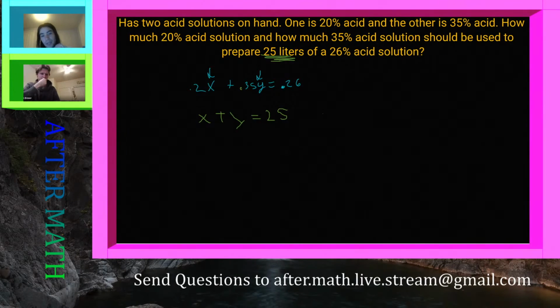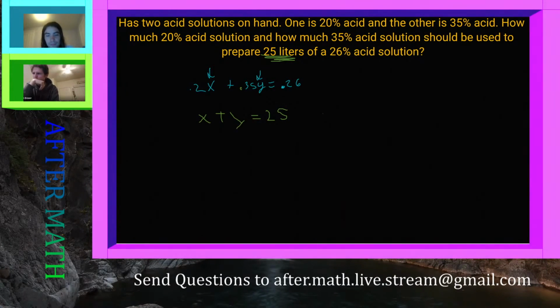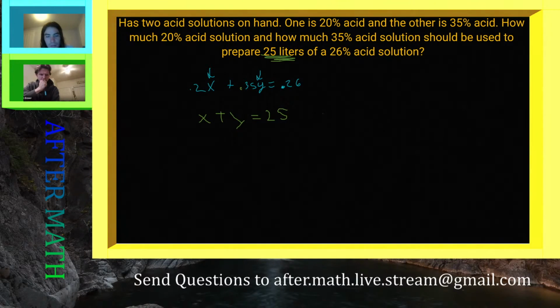Okay. So Jaden, what do you want to do from here? Are we missing anything on the top equation? Should we have that multiplied by 25? That 0.26?